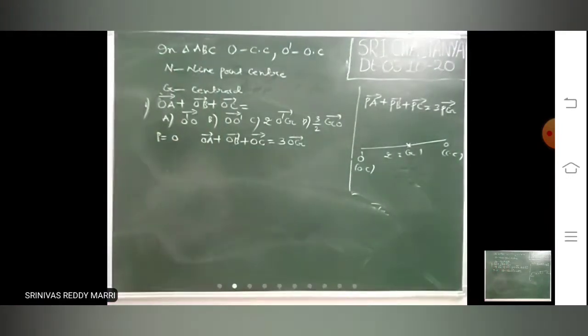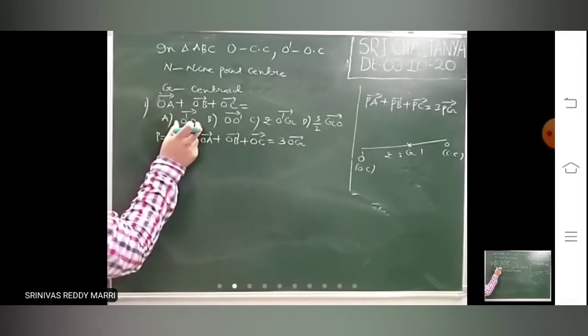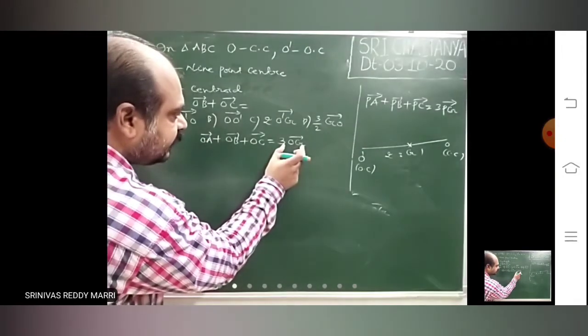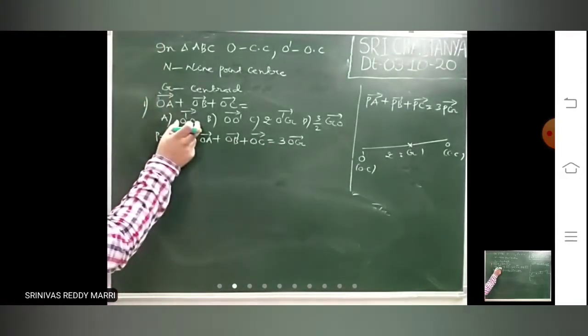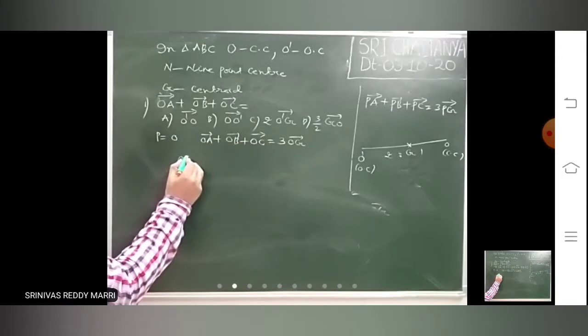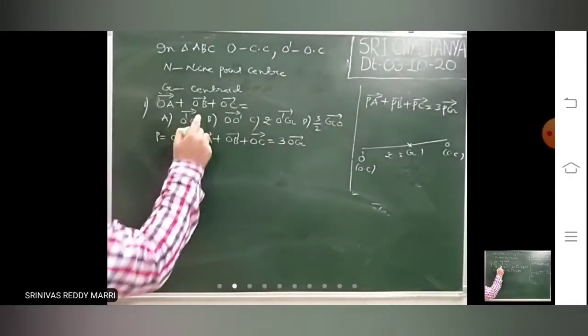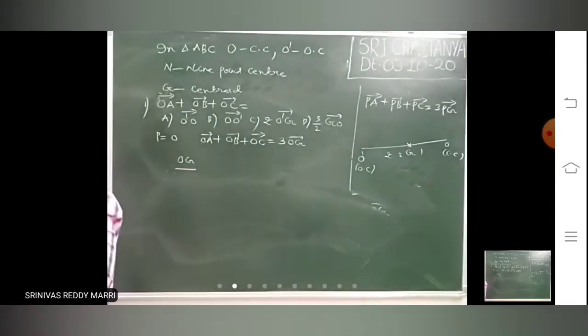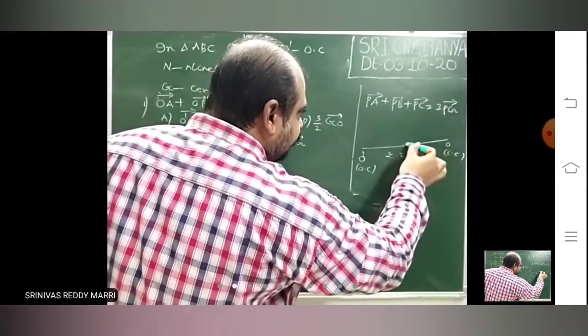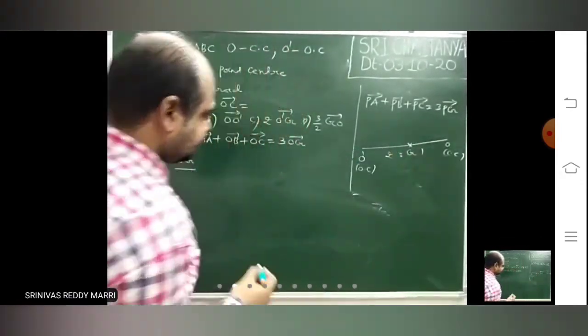By using this relation, we will check whether this is correct or not. OG is there, here O dash is there, so I am finding the relation. Look at OG divided by O dash.